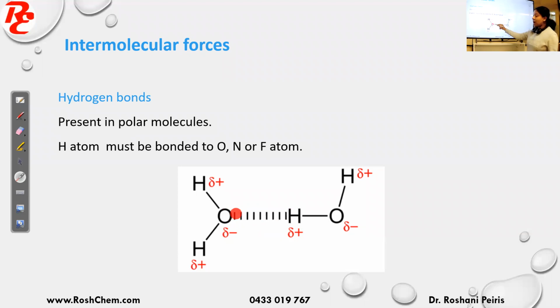That is a hydrogen bond. Hydrogen bonds are made from these special atoms. Oxygen, nitrogen, and fluorine are the most electronegative elements in the periodic table. Therefore, the difference in electronegativity is higher here, which makes hydrogen bonds stronger than the dipole-dipole interactions.